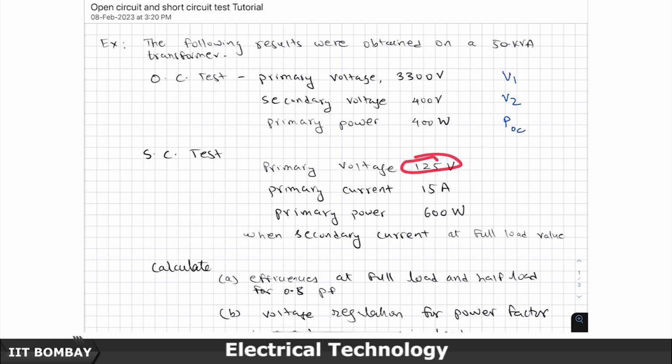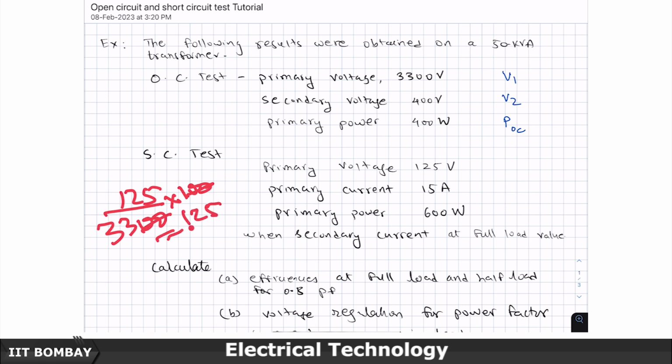Again recall that we apply a much lower fraction, it is 125 by 3300 per unit, or 125 by 3300 into 100, which is 125 by 33 in percentage.